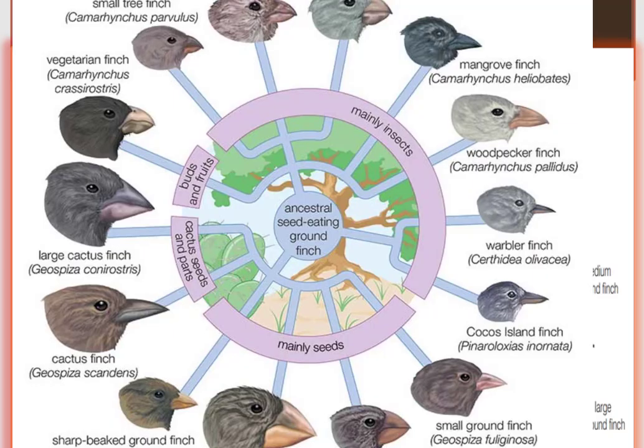Another example of divergent evolution is Darwin's finches. One of the most famous examples of divergent evolution was observed by Charles Darwin and documented in his book On the Origin of Species. Upon visiting the Galapagos Islands, Darwin noted that each of the islands had a resident population of finches belonging to the same taxonomic family.